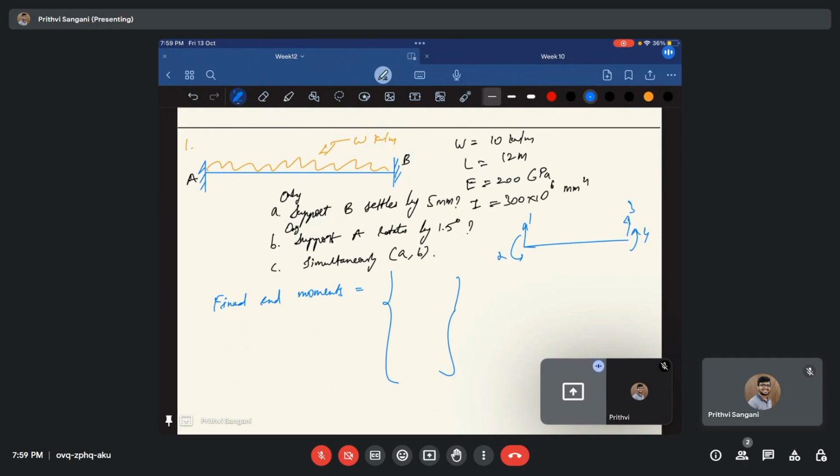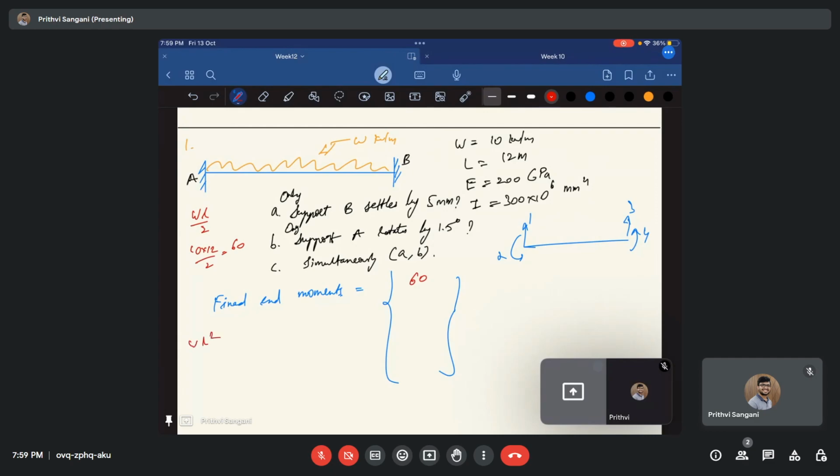Now, what is the external moment M1? M1 is WL by 2. Let us calculate that first. WL by 2 is 10 times 12 by 2, which is 60, positive. And what is the other one?